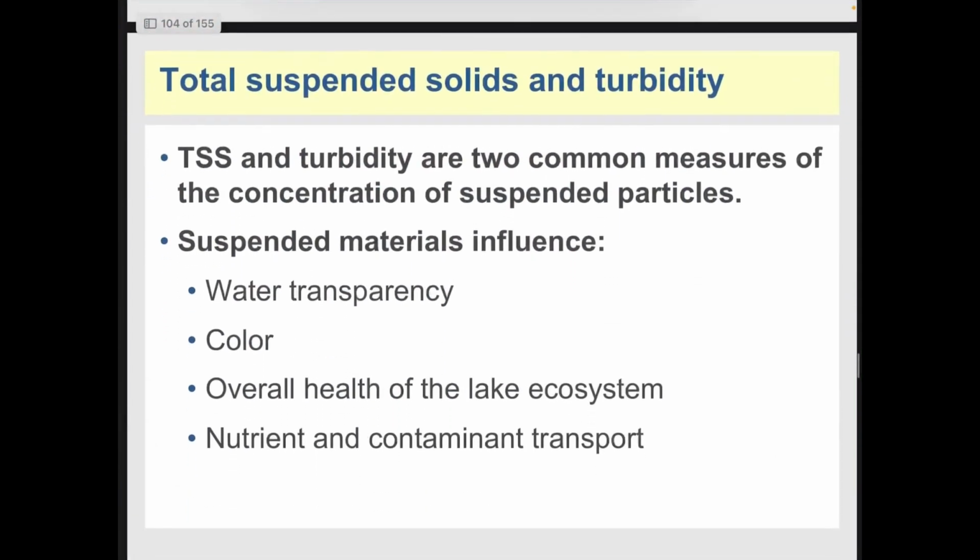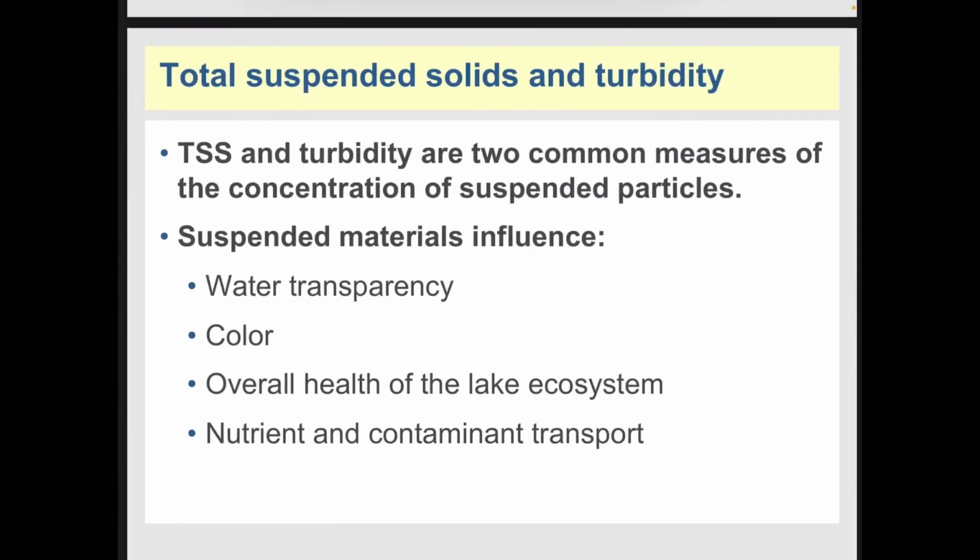TSS and turbidity are two common measures of the concentration of suspended particles. Suspended materials influence the water transparency, the color, and, as I mentioned earlier, the overall health of the ecosystem and the nutrient and contaminant transport.